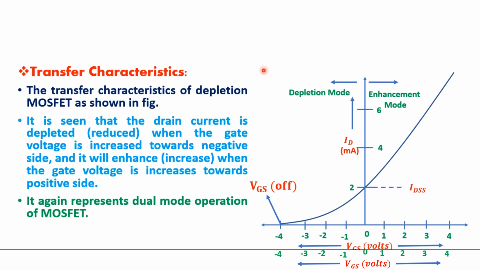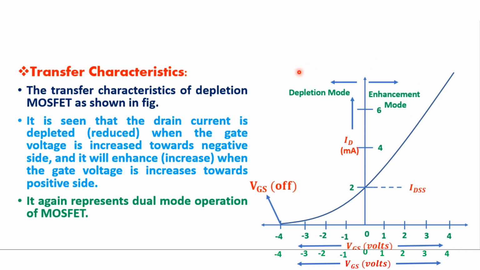As we have already discussed, the depletion MOSFET is a device which can be operated in depletion mode by maintaining gate to source voltage negative, as well as in enhancement mode by maintaining gate to source voltage positive. Hence the depletion MOSFET is also called a dual mode MOSFET.